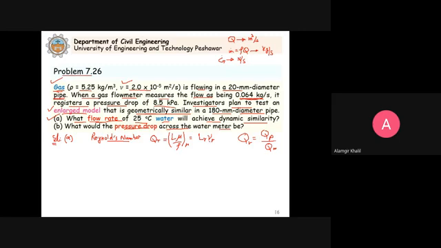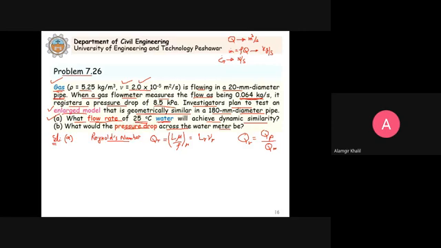Now you see here that we have the scale ratio for the kinematic viscosity. The kinematic viscosity for the prototype is given, which uses gas. We need the kinematic viscosity for the model fluid, which is water.